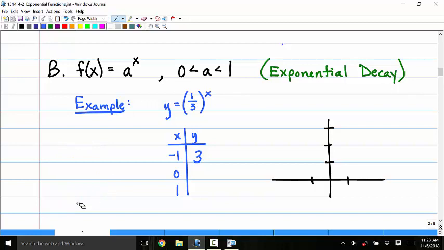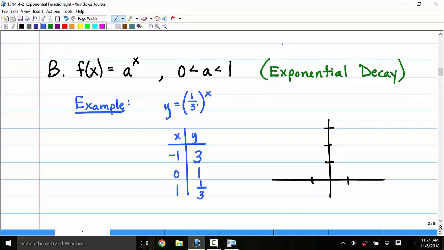If you plug in 0 for x, what is 1/3 to the 0 power? It's 1. If you plug in 1 for x, 1/3 to the first power is 1/3. Something to look at. When x was -1, it was just 1 over the base, right?